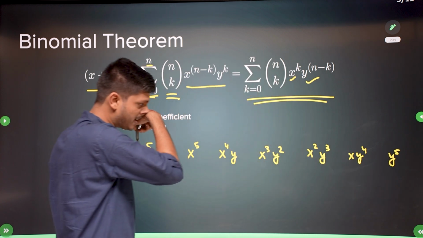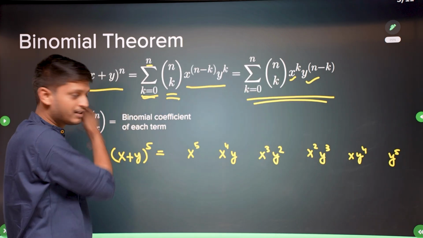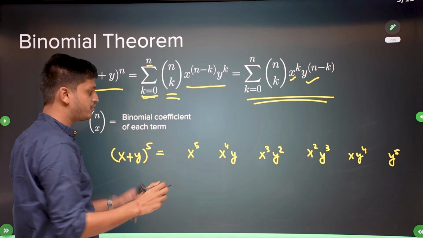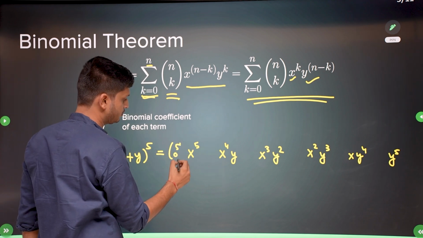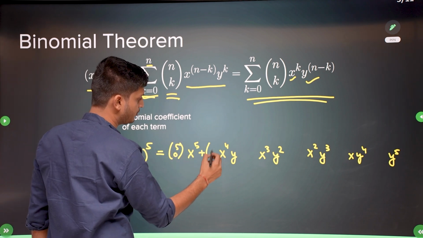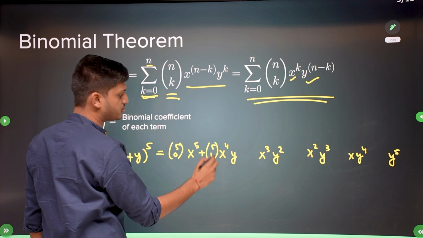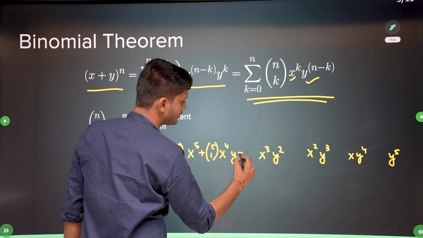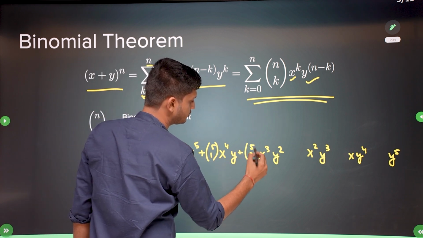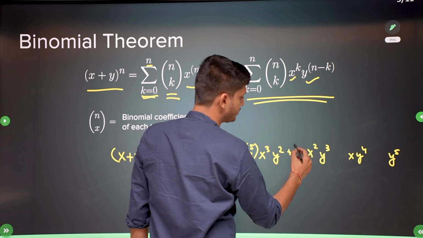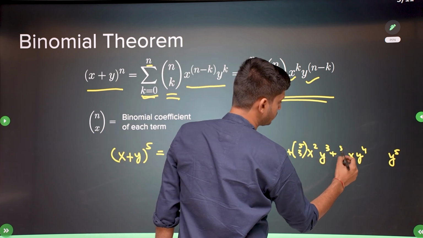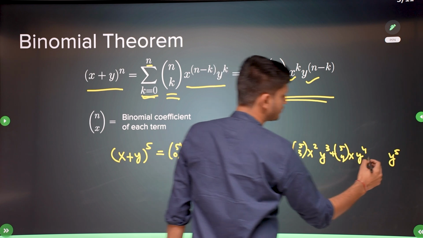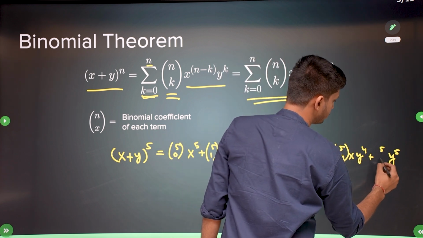I will have 6 different terms and the coefficient of x to the power 5 will be what? Since we are choosing 0 y's, this coefficient will be 5c0. This coefficient will be 5c1 because I have to choose one y. This coefficient will be 5c2. This coefficient will be 5c3. And this coefficient will be 5c4. And this coefficient will be 5c5.